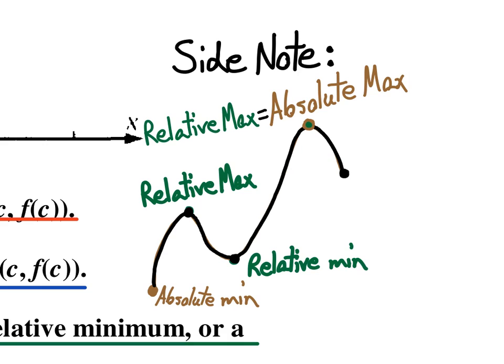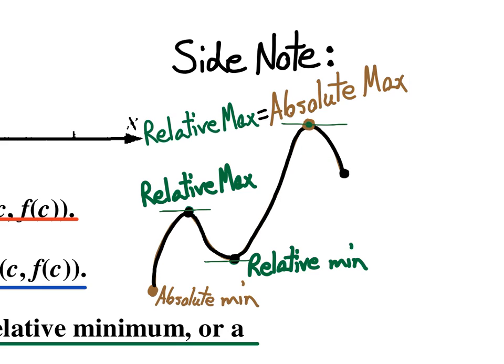you'll notice here I have 3 different points labeled as relative max or min points, because if I were to draw the tangent lines here, they would be perfectly horizontal. The derivative would equal 0. Okay?